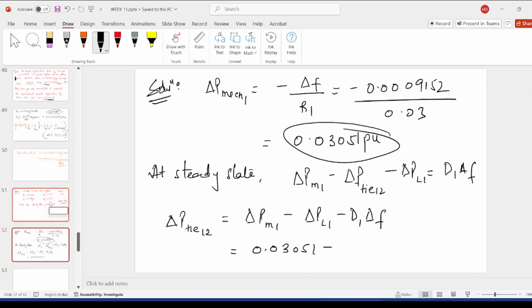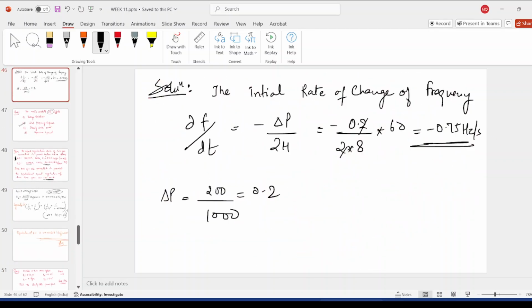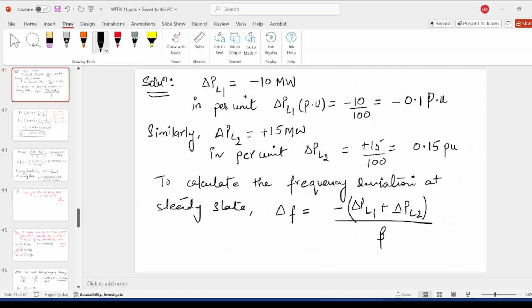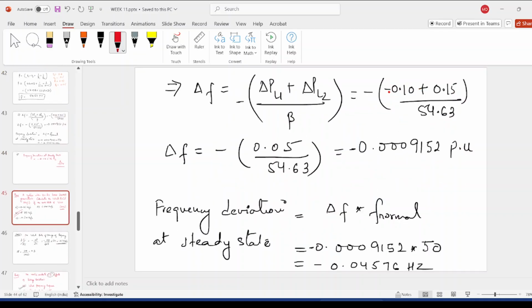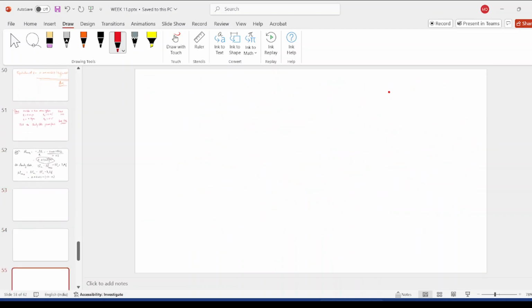What is PL1? In the first area there is a decrement of 10 megawatt. We just calculated this value, and we use it here because both questions are in continuation.